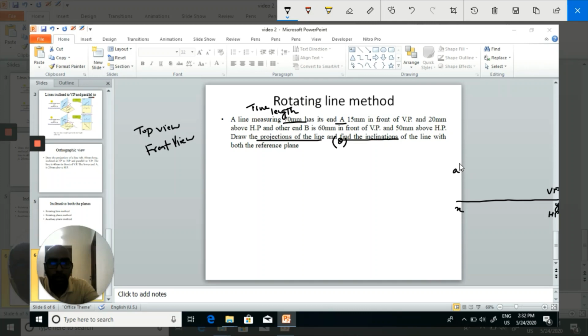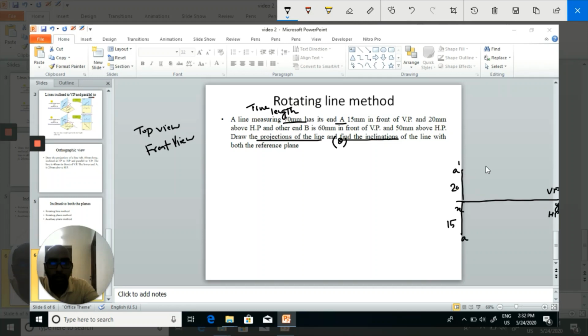It is 20 mm above HP, so it is 20 mm above the reference line. Then the top view of the point A is 15 mm in front of VP, so it is 15 mm below the reference line.